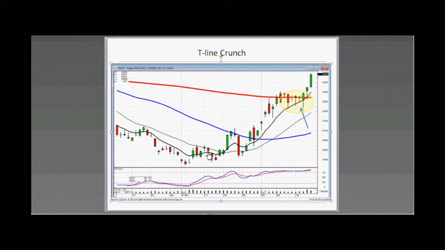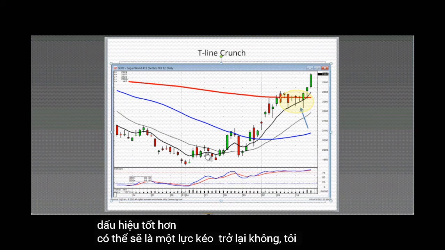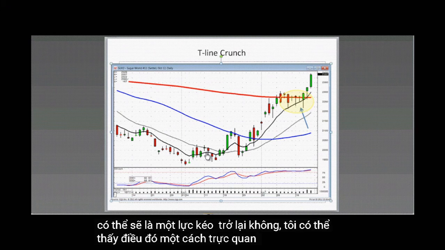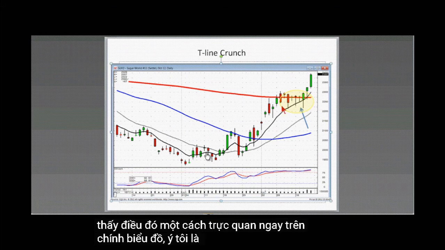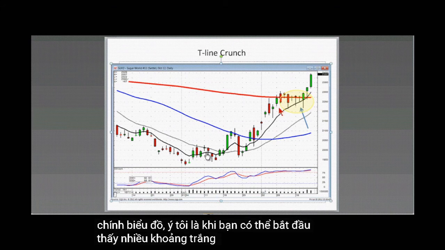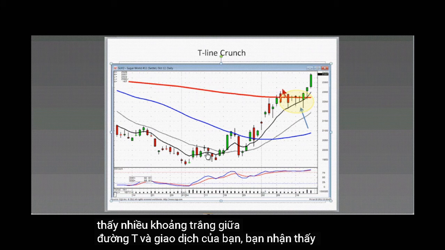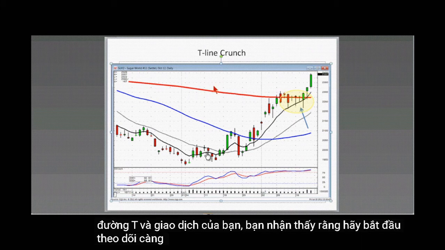Question on Bollinger Bands was, do you use them to tell you when you're getting far or very far from the T-line, showing a better indication that it's probably going to be a pullback? No, I can see that visually just on the chart itself. When you can start seeing a lot of white space between the T-line and your trading, you know to start watching for the pullback.